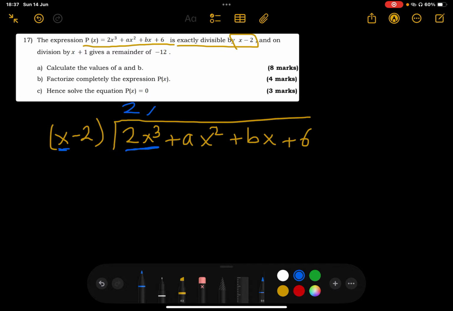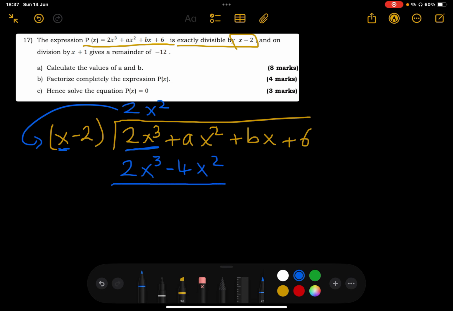We need to multiply by 2x squared to get that. So now we're multiplying this 2x squared back by this. So you get 2x squared by x will be 2x cubed. 2x squared by minus 2 will be minus 4x squared. Okay?